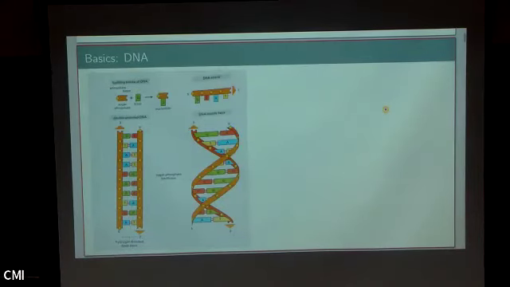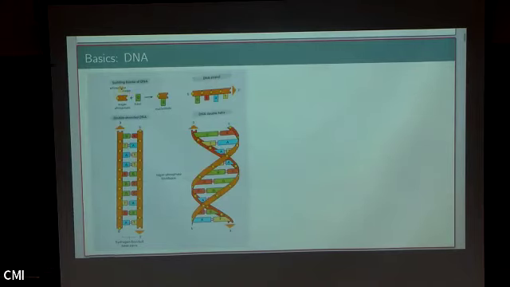Okay, so DNA, I wrote it as a sequence of letters, but as you all know, it's a double helix. This is a picture taken from the book by Alberts et al., but it's a picture you all know. So essentially, what DNA consists of is a backbone that consists of a sugar, which is called deoxyribose, and a phosphate group.